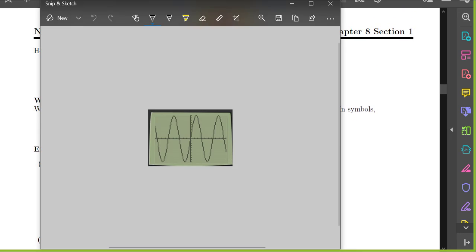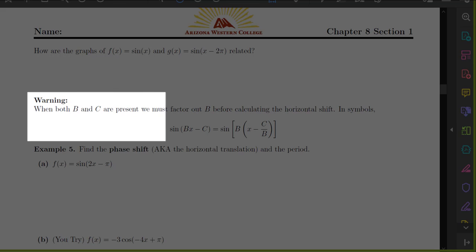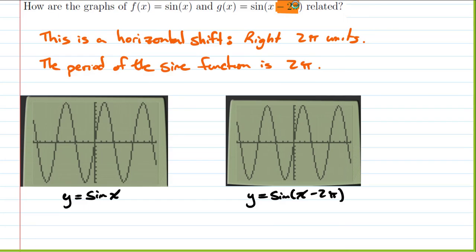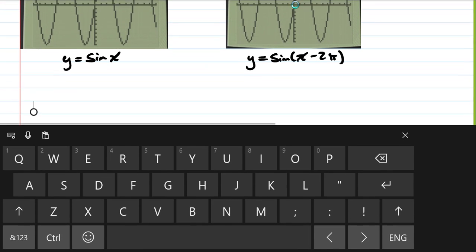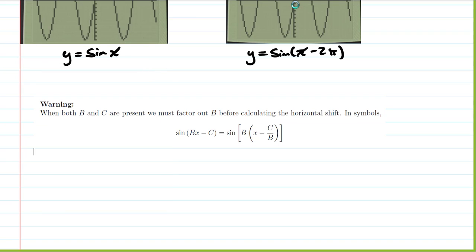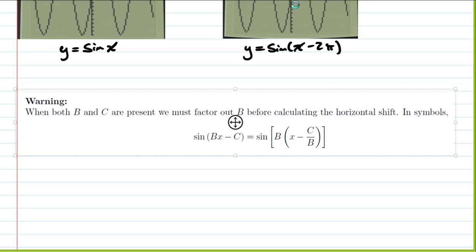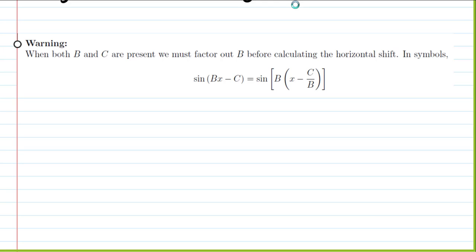One thing we do have to be careful about when we start talking about shifting them horizontally and vertically is that if we have a horizontal stretch and a horizontal shift, we have to be a little careful when we calculate them. So our warning is, when both b and c are present in the formula, we must factor out b before calculating the horizontal shift.